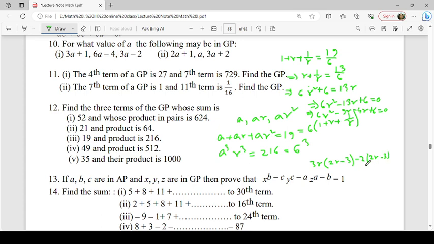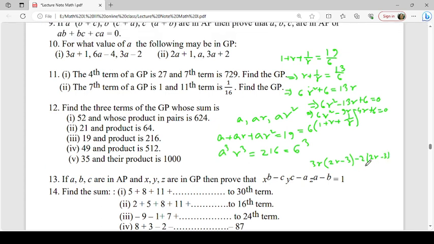So R is equal to 3 by 2 or 2 by 3. So you get the value of R is 3 by 2 or 2 by 3.